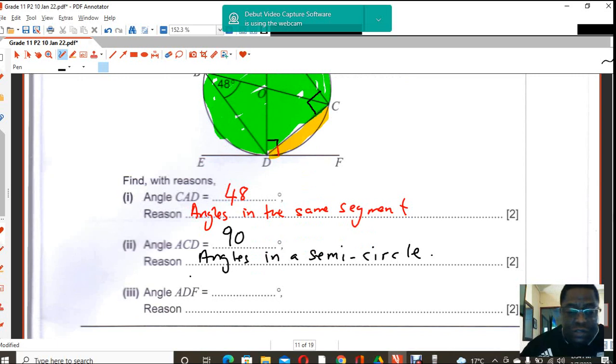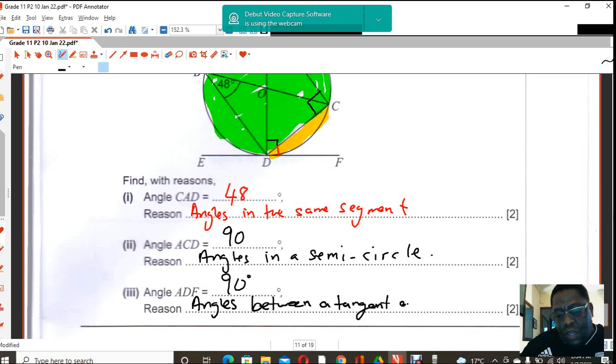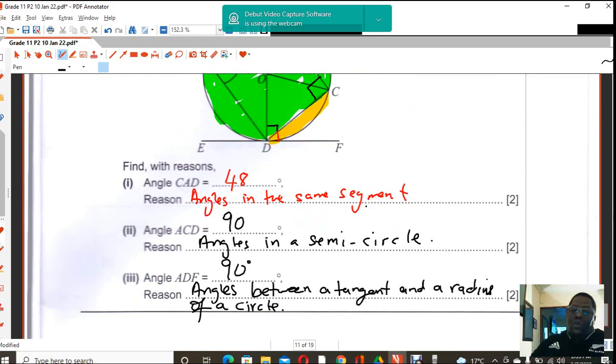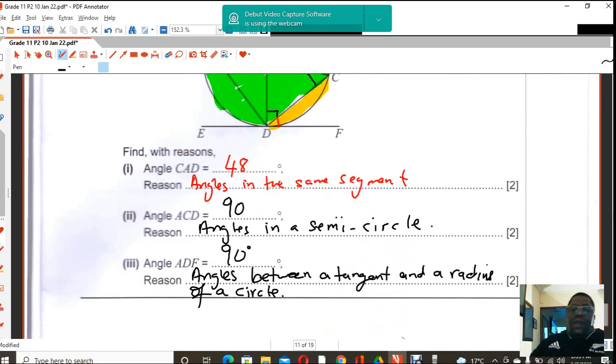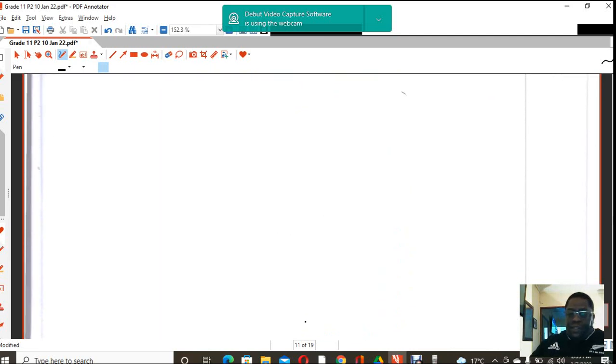So it's 90 degrees. Angles between a tangent and a radius of a circle equal 90 degrees. Okay, so please make sure you are familiar with your angle properties. All right, so that takes me to the next question.